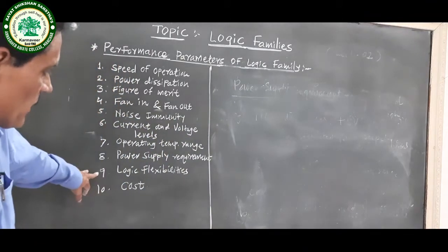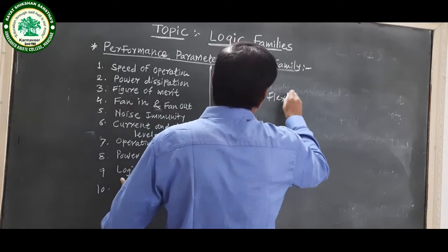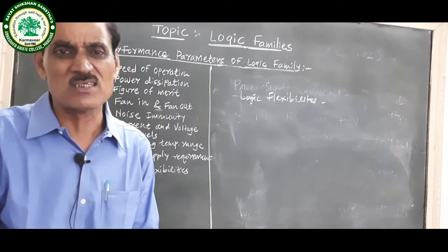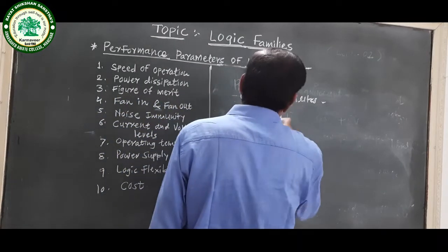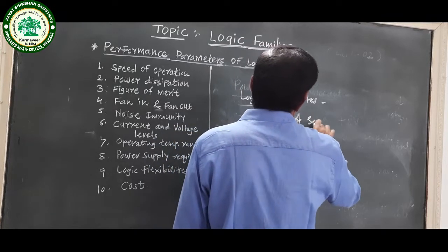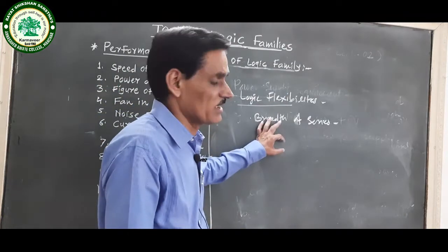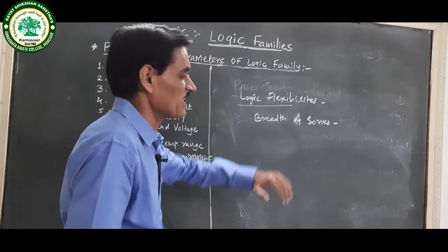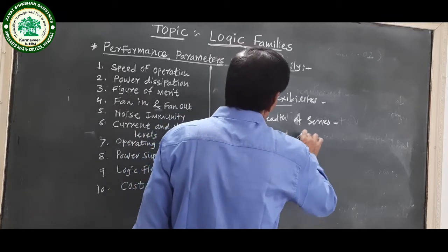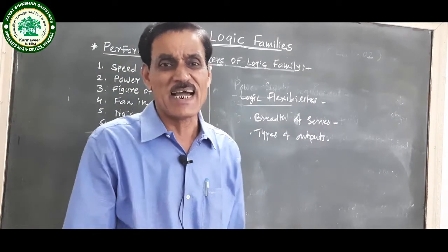Then the next parameter is logic flexibilities. As far as logic flexibilities are concerned, you have to remember the breadth of series. Breadth of series means the variety of logic functions available in the logic family. Then types of outputs available, for example, totem pole, open collector and tri-state.